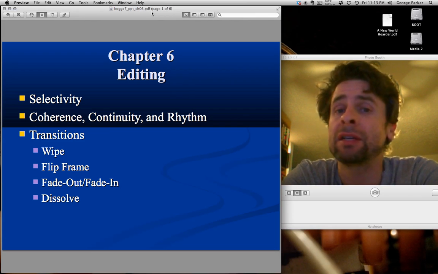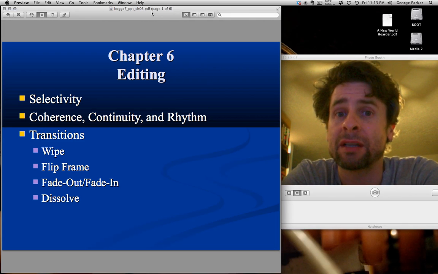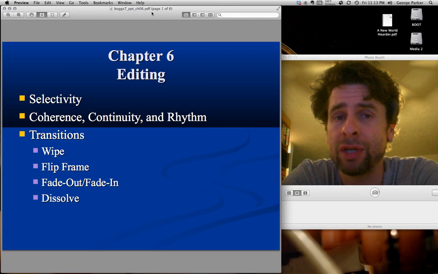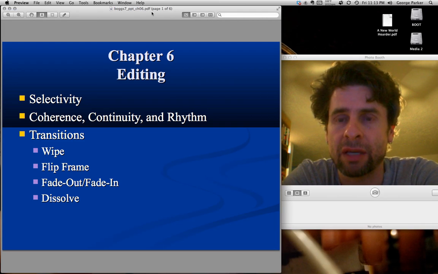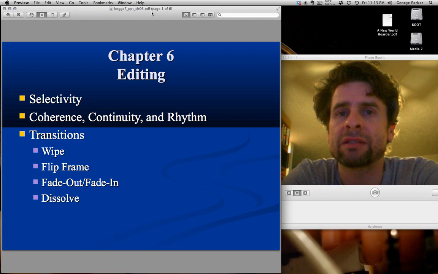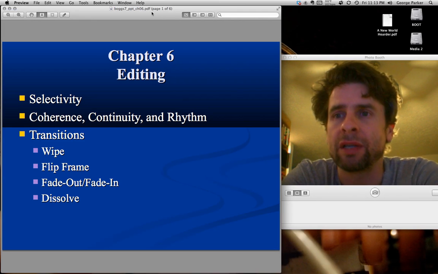The sensibilities are all the same. We need to make sure that the audience understands what's happening and appreciates what's going on, and can read the behavior, the actions, the objectives of the characters. So selectivity is the first step in the process. Which angle do I use? Which take do I use?